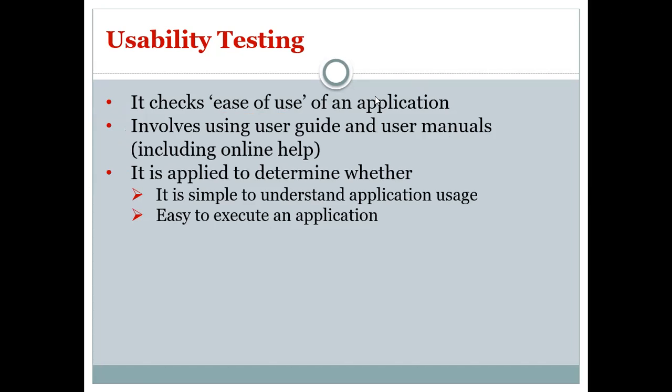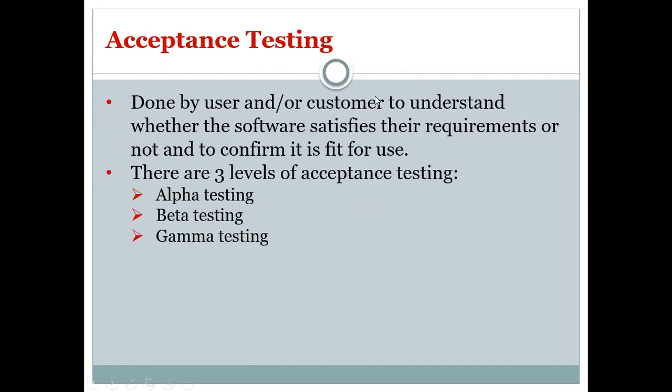Then coming to the next is acceptance testing. So finally, if you are going through all these procedures, you are coming to the state of whether your software is getting accepted by your end user or not. Fine. So this is done by the user or the customer to understand whether the software satisfies their requirements or not, and to confirm it is fit for use.